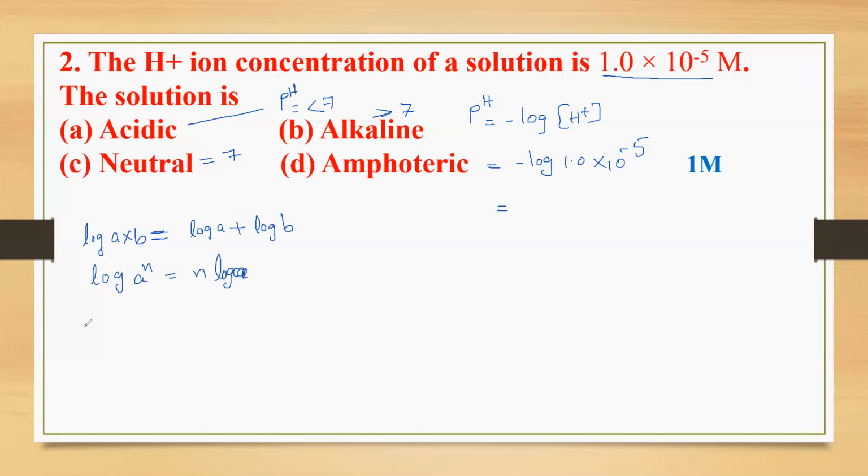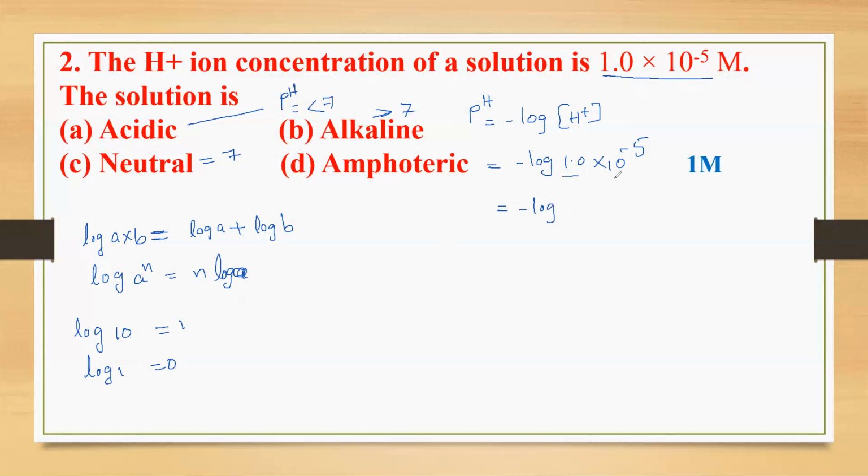Next, two values you should remember which are going to be helpful: log 10 value is 1, and log 1 value is 0. If you know these values, you will get a correct answer with this type of question. Now you see minus log of 1.0 into 10 raised to minus 5.